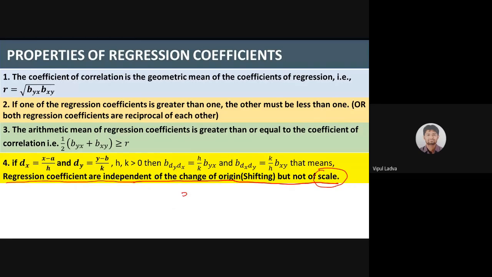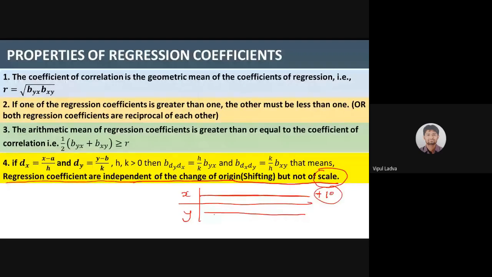If I have a series for both data, x and y, and from all the observations related to x I subtract 10, some fixed number, or add a fixed number, then I am actually changing the origin of that data. Similarly, if I add or subtract a constant number from the y series, then I am changing the origin of y data.